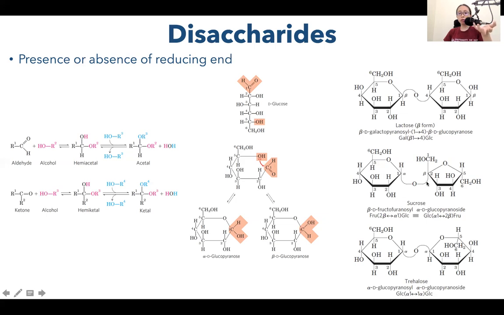Carbon 2 in fructose, this is an acetal. Since they are now acetals, they can no longer be reducing agents. So in the formation of your glycosidic bonds, it's possible that the reducing end becomes involved and we lose the reducing end. So they will test negative in that qualitative test I mentioned.